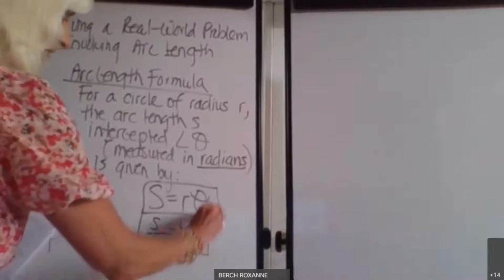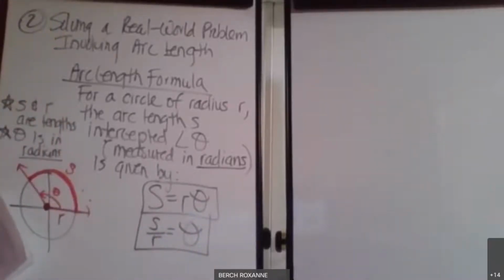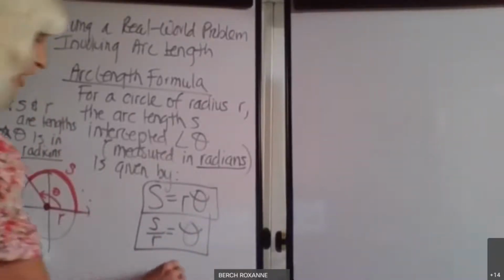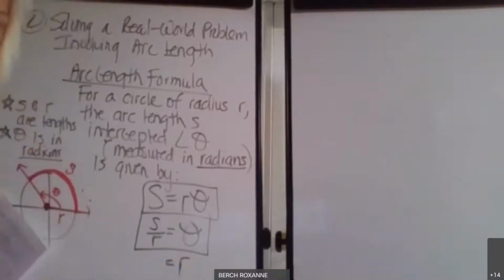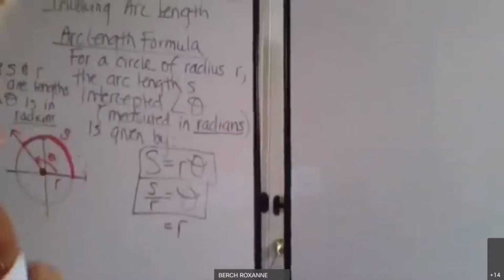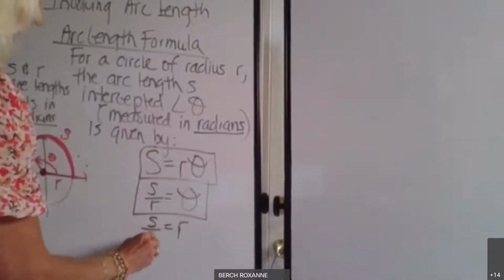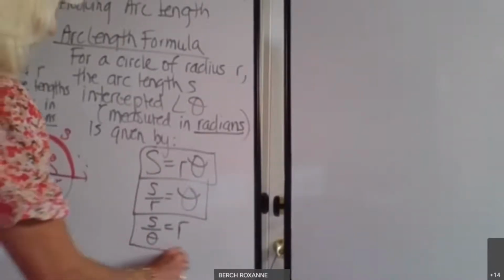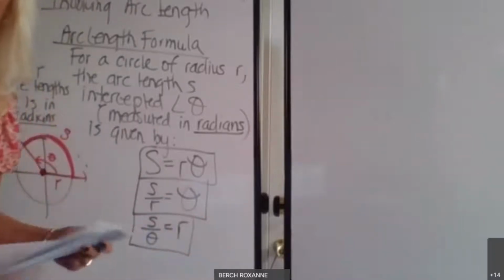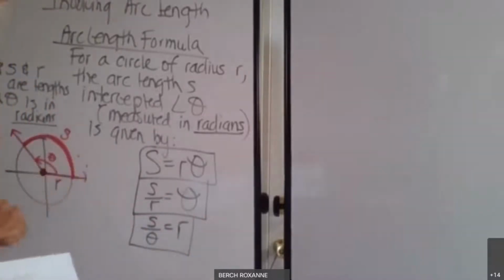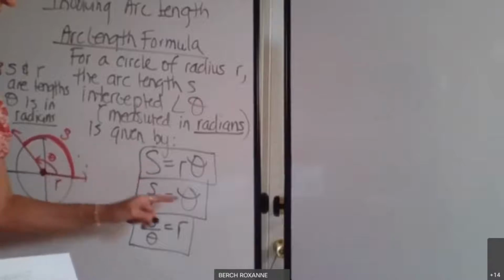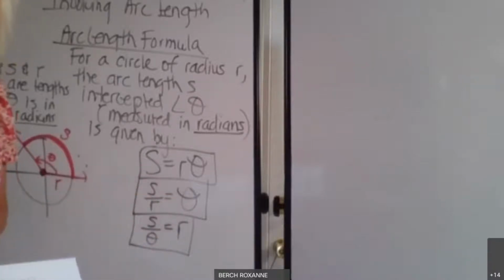So there's your new formula, theta is equal to S over r. Or if you were looking for the radius, you could divide by theta and get S over theta. So there's three different formulas that come from this: S for arc length, the angle, and the radius formulas.